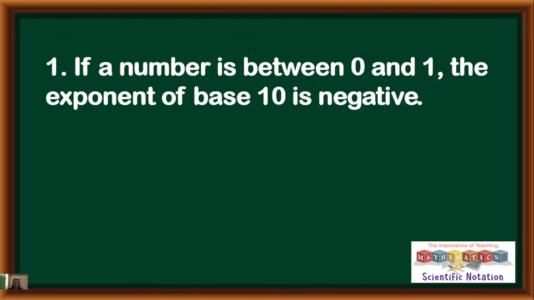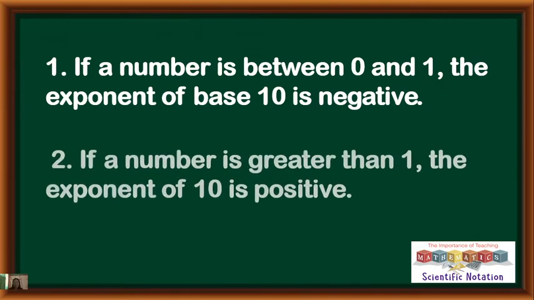Next, remember, if a number is between 0 and 1, the exponent of base 10 is negative. Okay, so we are referring to the exponent of 10. So if the number is between 0 and 1, the exponent of the base should be negative.